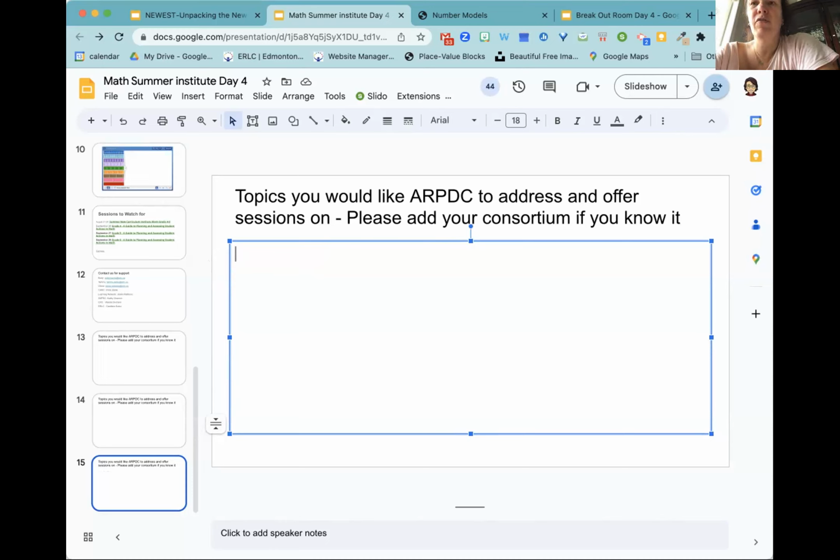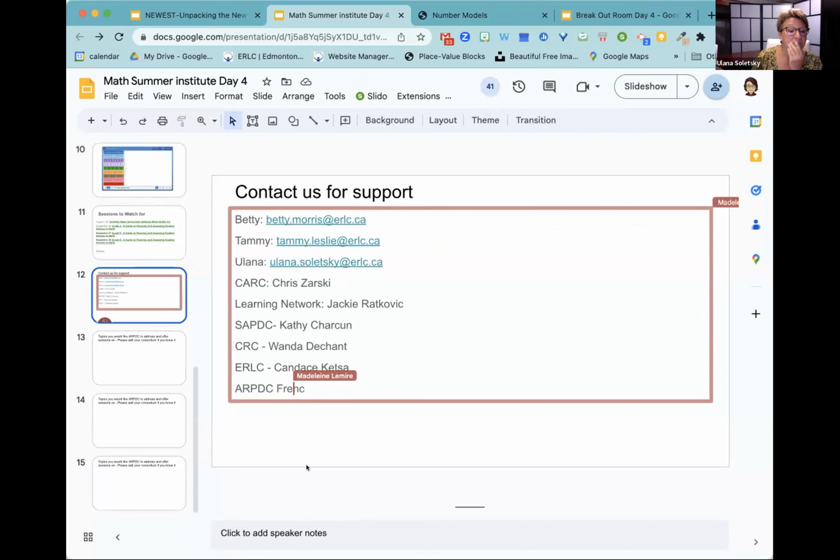But what if your school does not yet have manipulatives like those relational rods? And I like ordering stuff from Spectrum. They have beautiful websites. Thank you, Madeline.